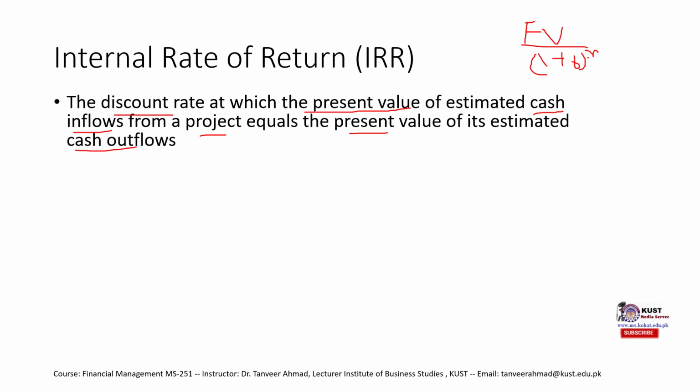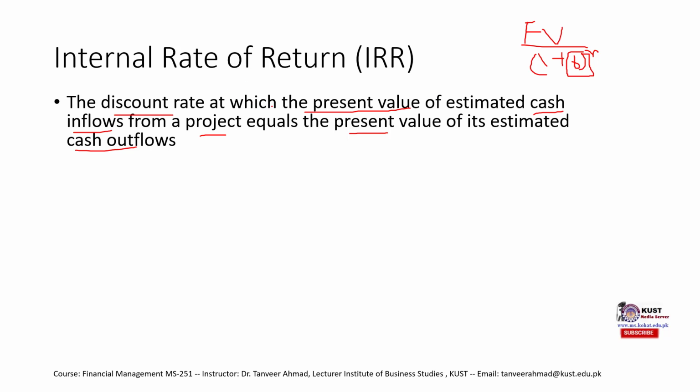Now, in case of a project, we have cash inflows and cash outflows. We find the present value of cash inflow, we find the present value of cash outflow. Now, at what rate the present value of cash inflows would be equal to the present value of cash outflows? So that R is called internal rate of return. That discount rate is called internal rate of return.